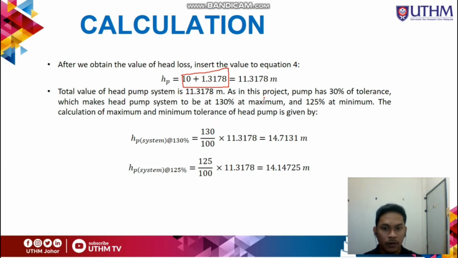The calculation of maximum and minimum tolerance of head pump is given by 130 per 100 times 11.3178, which will be 14.7131 meters. And then the second one for 125% will be 14.1.725 meters.